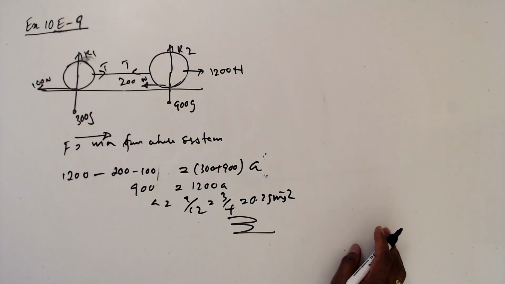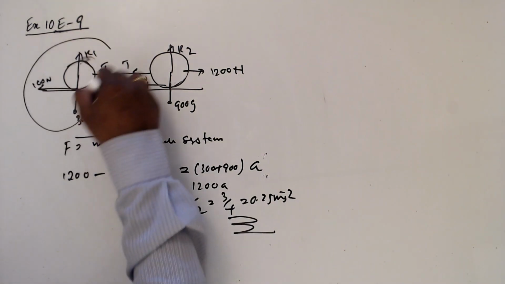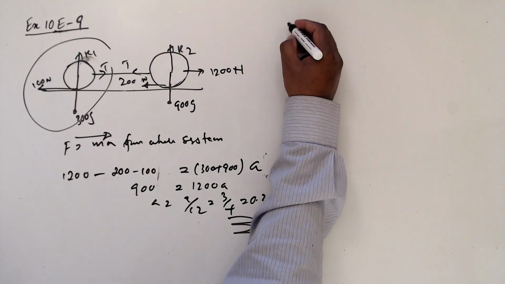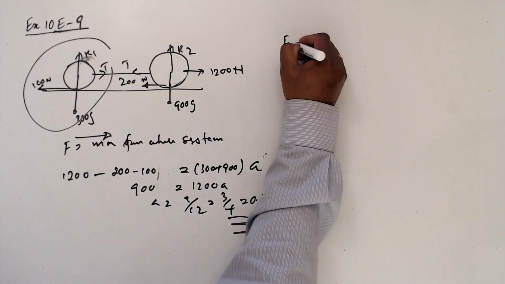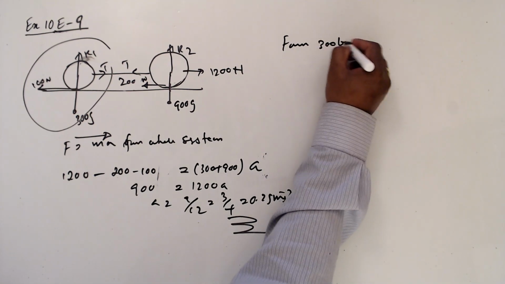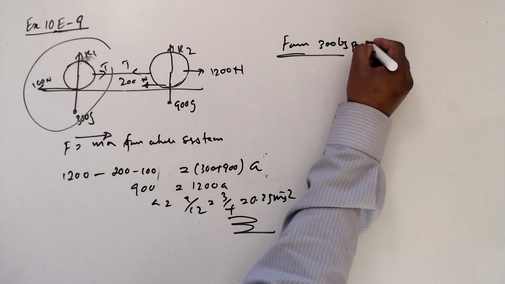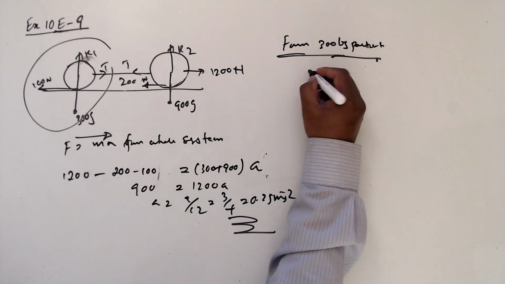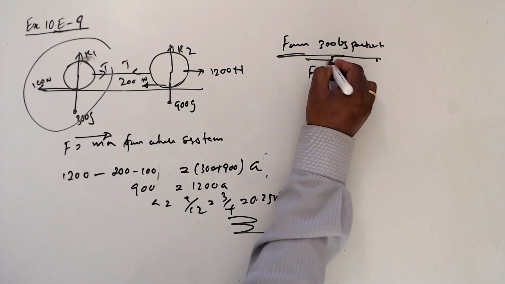Now next is to find the tension. As usual, we'll consider the 300 kg particle. F equals ma in this direction.